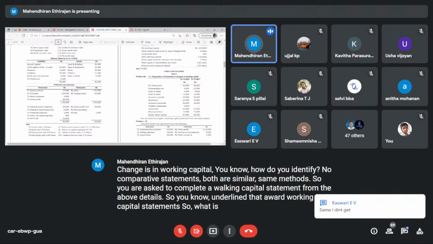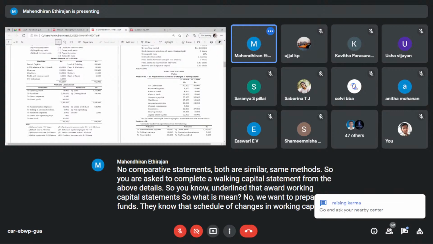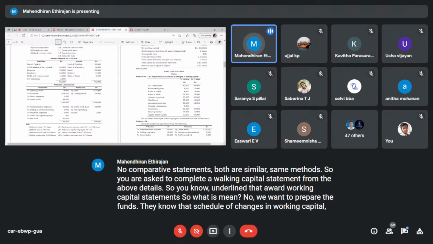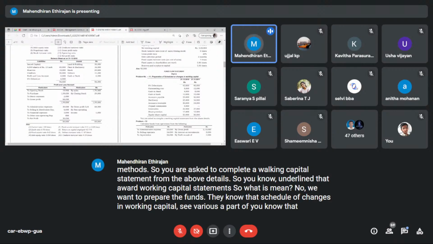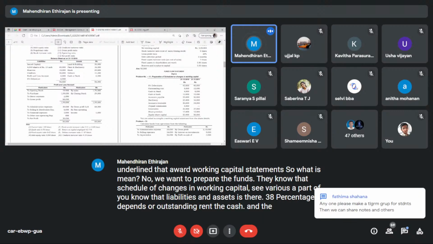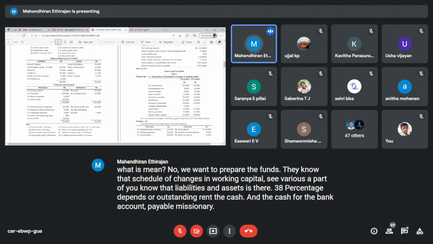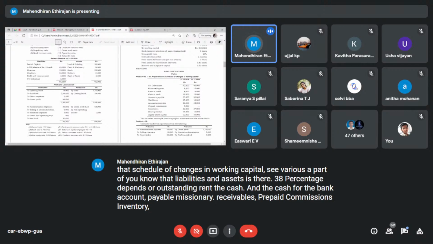So what does it mean? We want to prepare the schedule of changes in working capital. See, the various liabilities and assets are there: 8% debenture, outstanding rent, cash, cash at bank, accounts payable, machinery, receivables, prepaid commissions, inventory, share premium, equity.